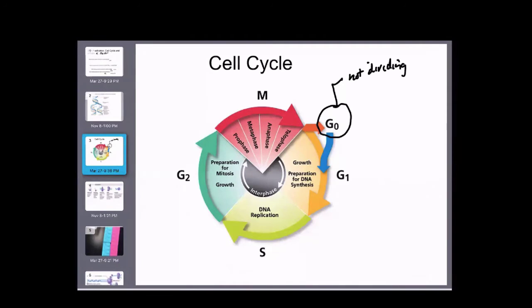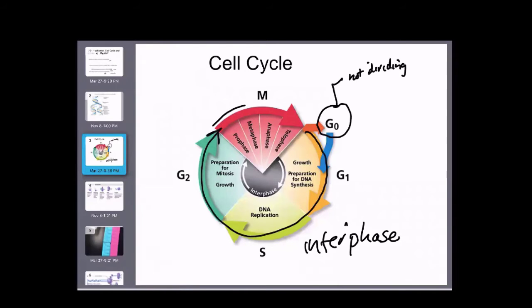And the amount of time they spend in the cell cycle is going to depend on what kind of cell they are. So there are two main phases. If I start at the end, where G0 starts, and I go all the way around here, that phase is called interphase. And then the other part of the cell cycle is this M phase, which is mitosis.